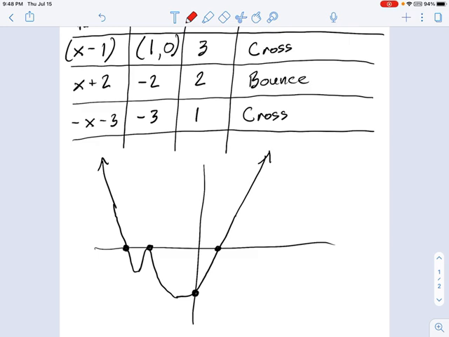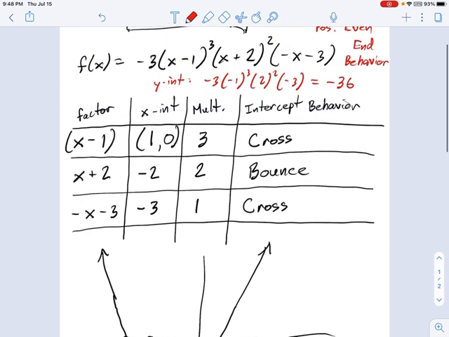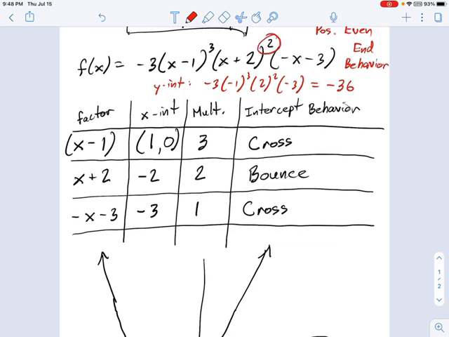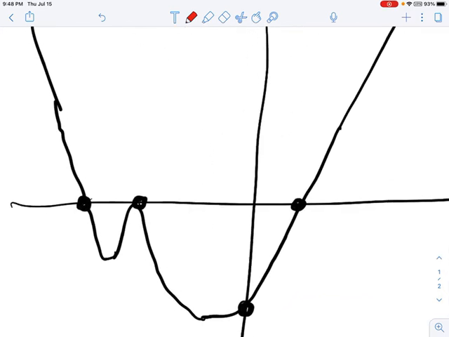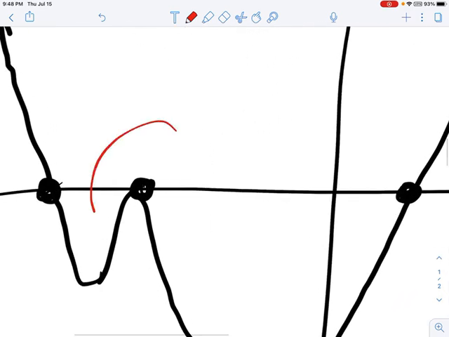I just want to go over, if you're interested, why it's a bounce versus a cross. See how this x plus 2 comes from a squared? Remember what squareds are. Those are like parabolas, right? We'll take a look. Let's zoom in on this guy. Look, it's like its own little parabola right there.